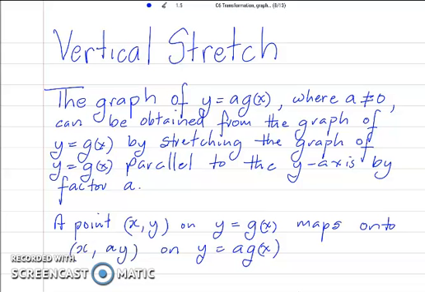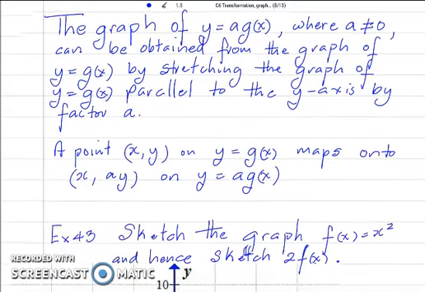So in other words, you can get the graph of y = a g(x) from the graph of y = g(x) by taking all the points on y = g(x), keeping the x coordinate and multiplying the y coordinate by a. All right, let's have a look at an example.